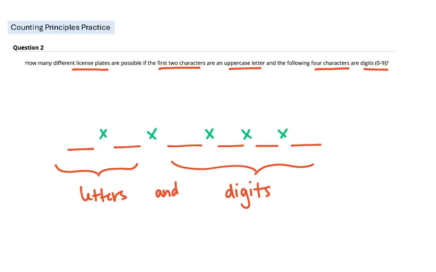So the first 2 characters are an uppercase letter. So that's 26 choices for the first, A through Z, 26 for the second letter, A through Z, and then the next 4 are the digits 0 through 9. So again, remember, you can't just subtract 9 minus 0. It's 9 minus 0 plus 1, so there's a total of 10 digits: 0, 1, 2, 3, 4, 5, 6, 7, 8, or 9.